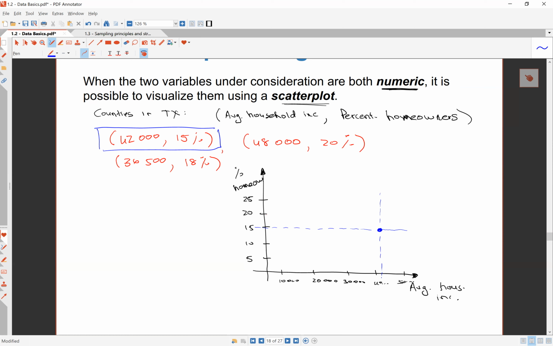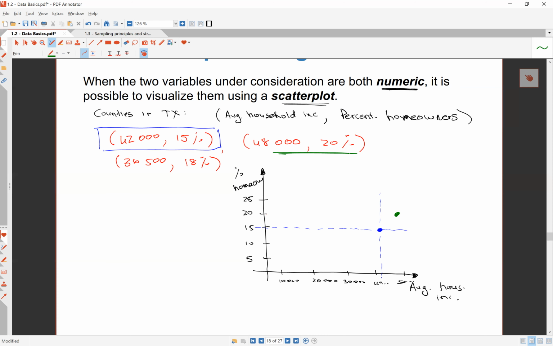And where the two intersect, there I can go and make a dot that represents that data point. So if I read back down to the X-axis, I know what the average household income is. If I read across to the y-axis, I know what percent are homeowners. And so every observed pair, I can go and represent in the same way.